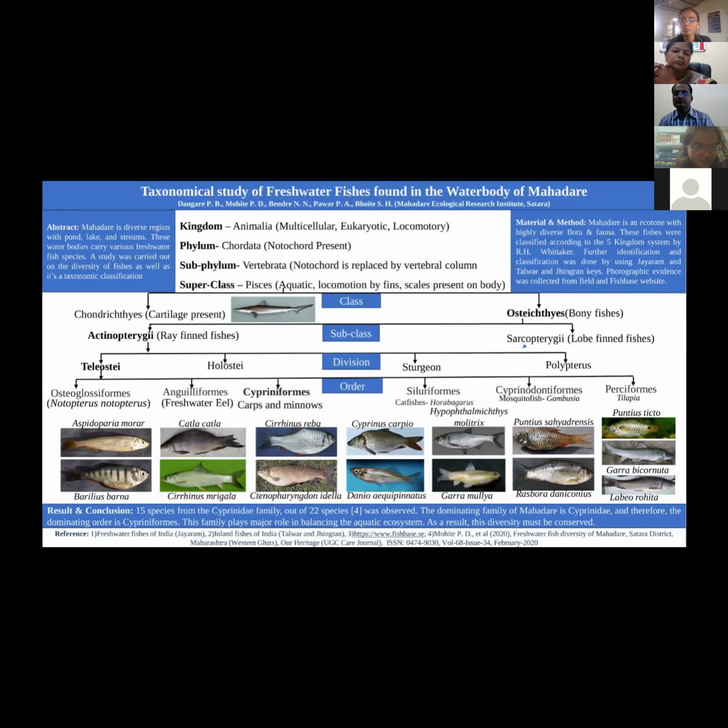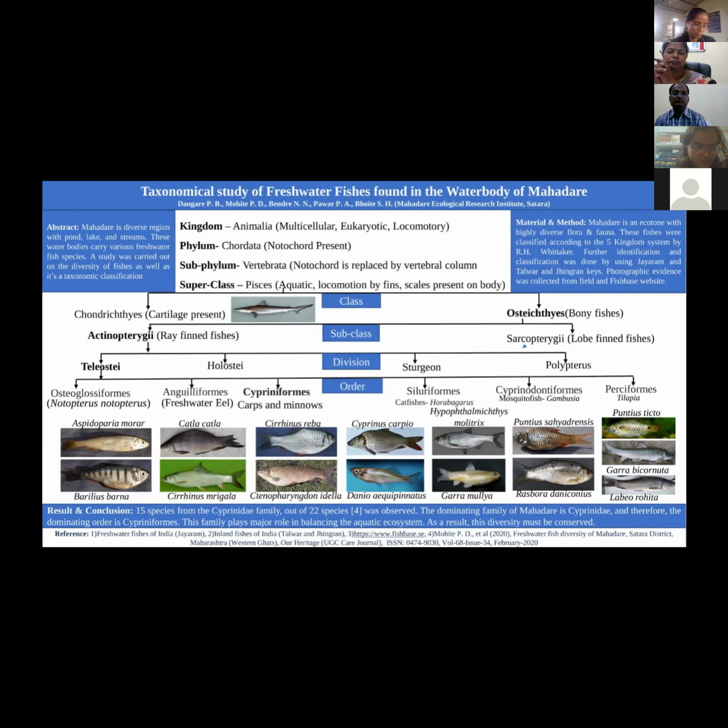Starting with the introduction of my topic, Mahadari is a very small forest covered area with vast biodiversity. Fish fauna of this small area is also diverse. As we know, fish is an important component of the food chain, hence it acts as a keystone species and indicator of a healthy aquatic ecosystem. Fish also has nutritional, medicinal, economical as well as aesthetic values in human betterment.